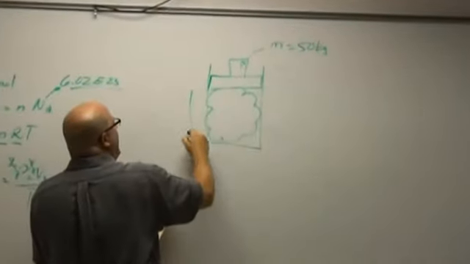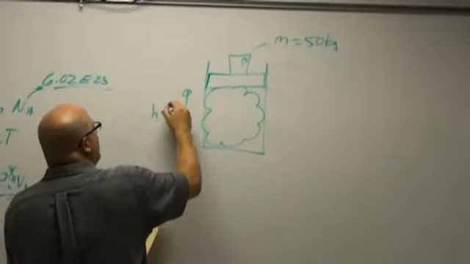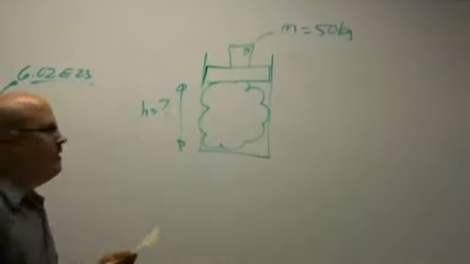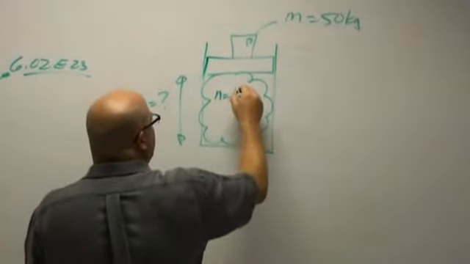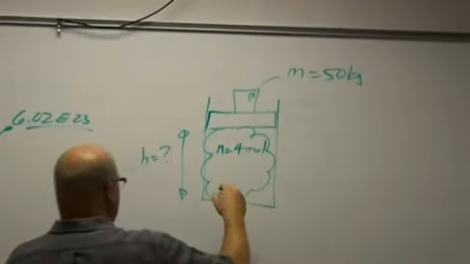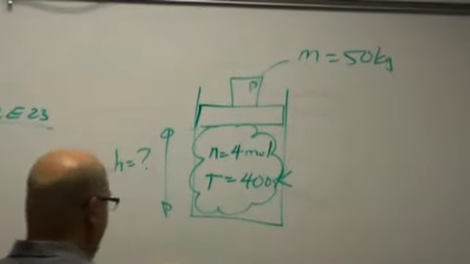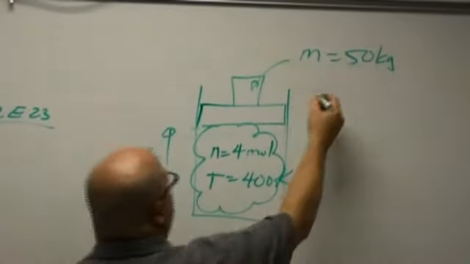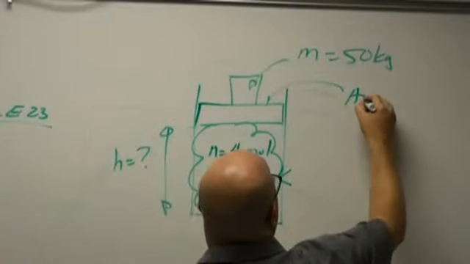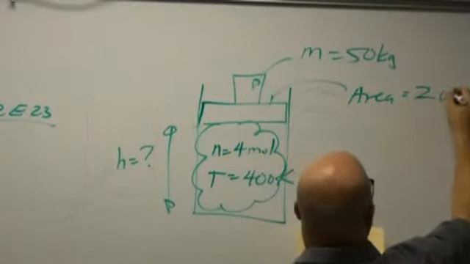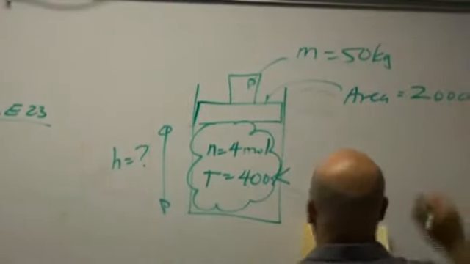The height here is unknown. The number of moles is 4. The temperature is 400 Kelvin. The area is 200 centimeters squared.